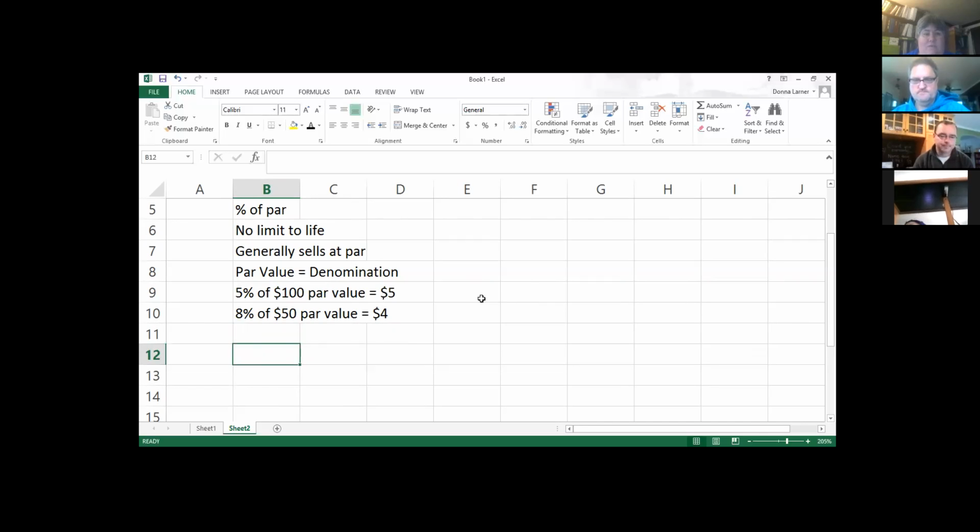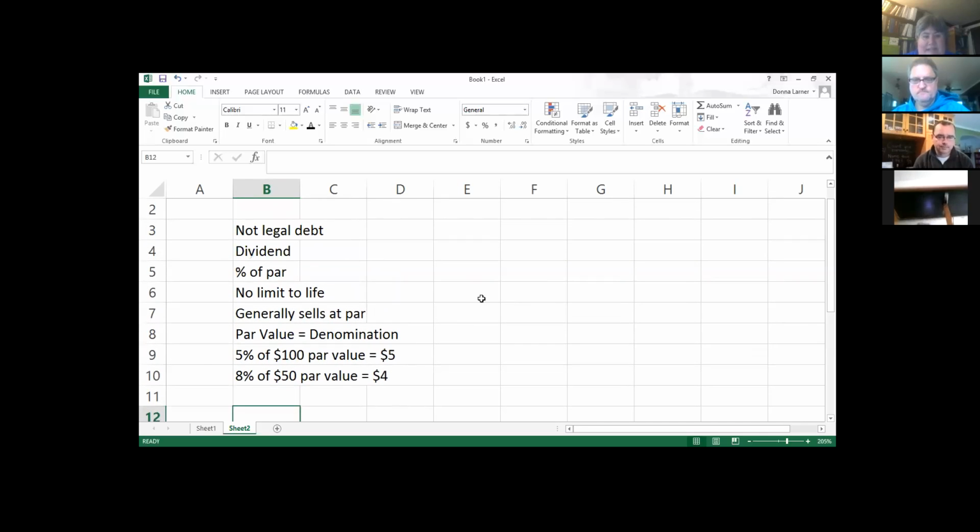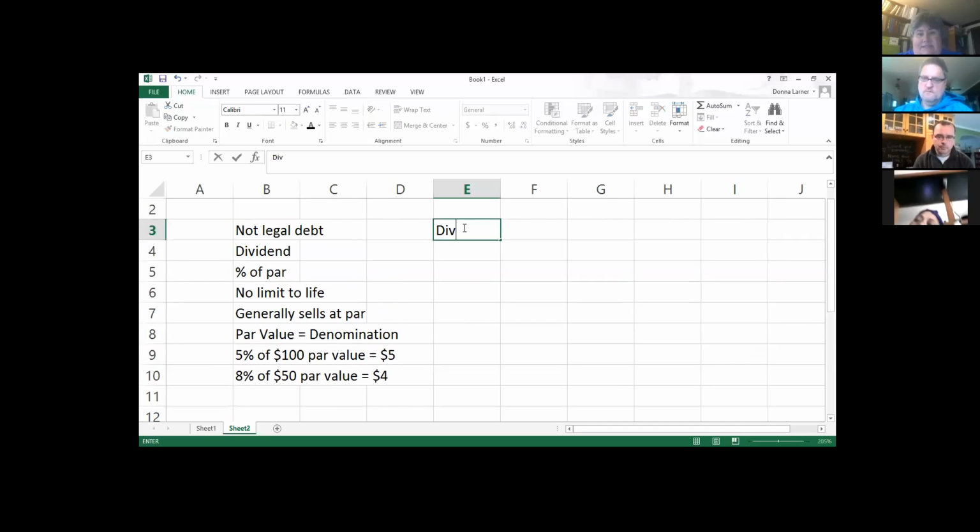So when we're looking at the cost of capital for preferred stock, we really have to just look at the cost of the dividend that they're going to pay out. And I don't mean the percentage, I mean the dollar amount per share and the price.